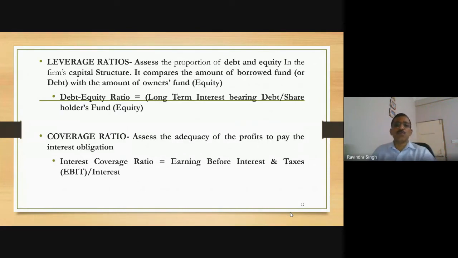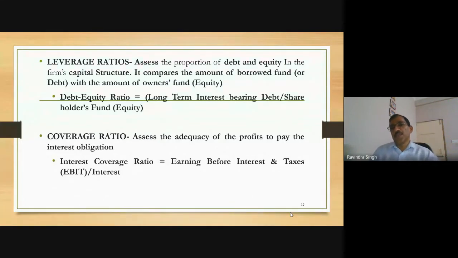Leverage ratio. Now leverage ratio is taken for the benefit of the management. It assesses the proportion of debt and equity, that is, how much borrowing you have taken, what is the outstanding loan every year, whether it is increasing in the same proportion or a different proportion, and how this is related to the equity.